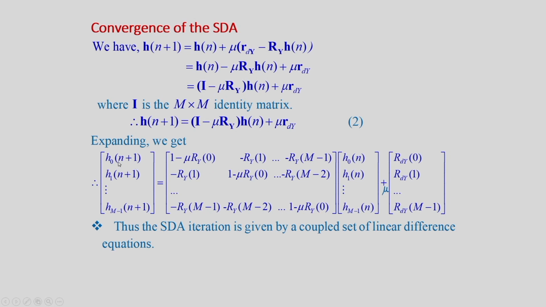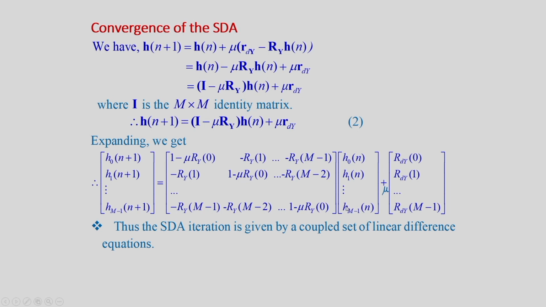For example, the first difference equation will be H0 n plus 1 equal to this row multiplied by this column. So, it will involve all these coefficients plus mu times R dy 0. So, that will be the first equation which involves all the filter coefficients of the previous stage.